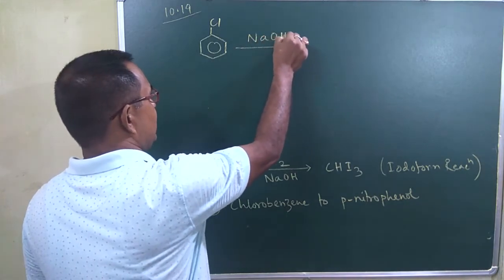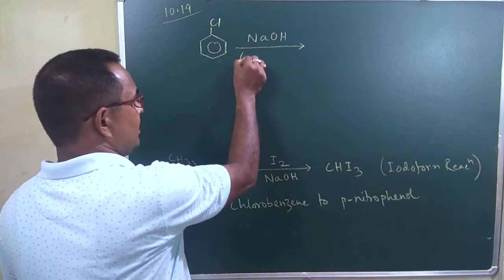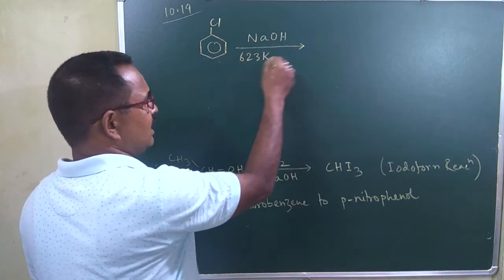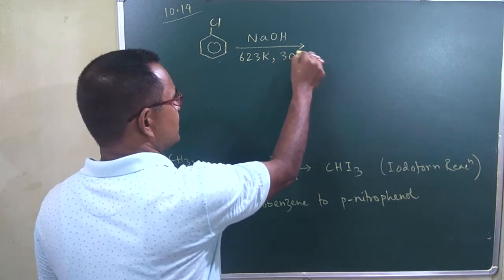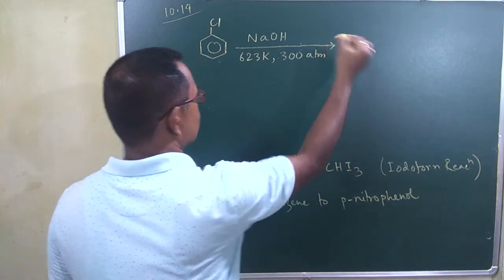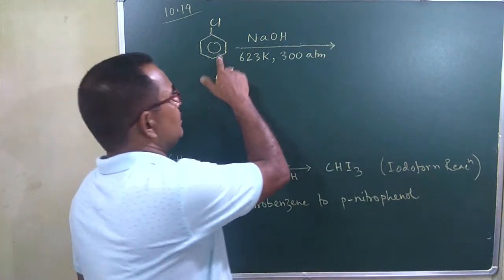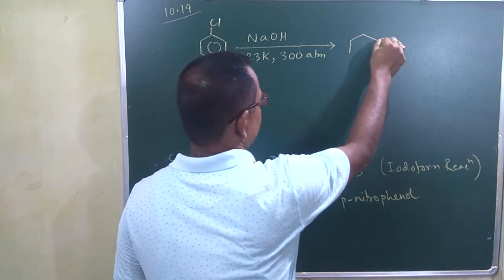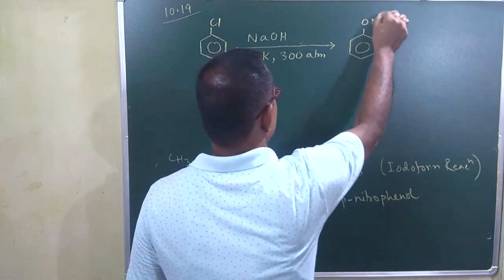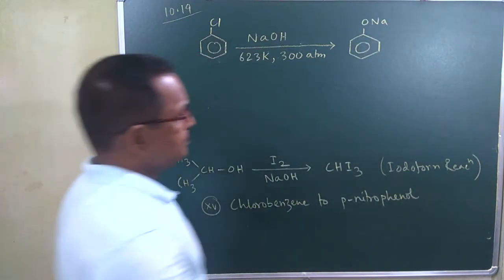Say when an aryl halide, say chlorobenzene, is fused with sodium hydroxide at a very high temperature, 623 Kelvin, and a very high pressure, 300 atm, what will happen? Sodium phenoxide will be produced.